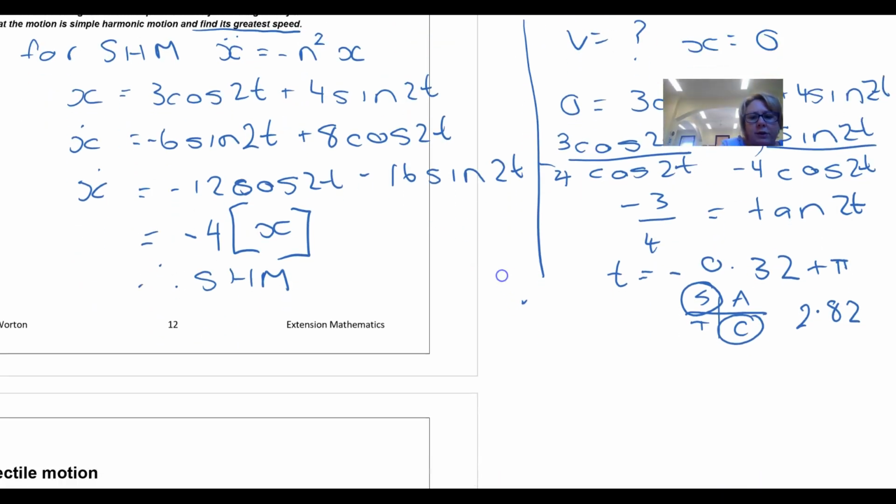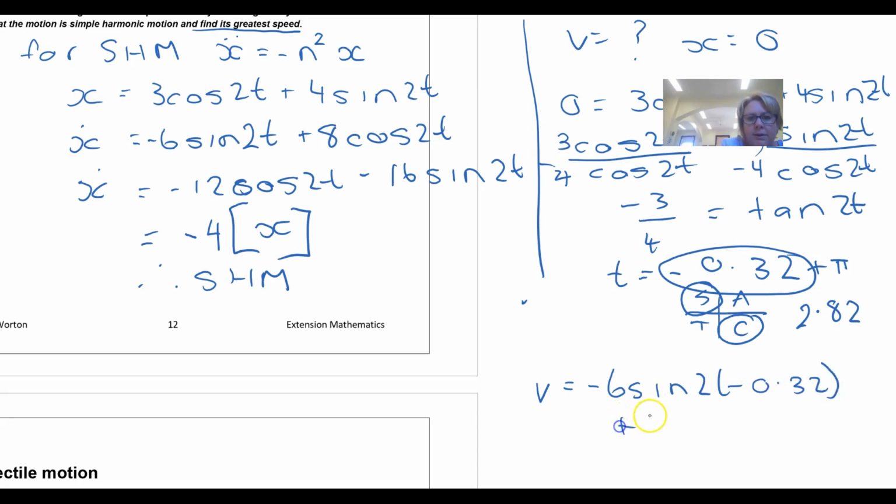I haven't actually finished the question because it wants v, and I know v is minus 6 sine 2t plus 8 cos 2t. It wouldn't have mattered if you subbed in minus 0.32, and you would have got 10 meters per second.